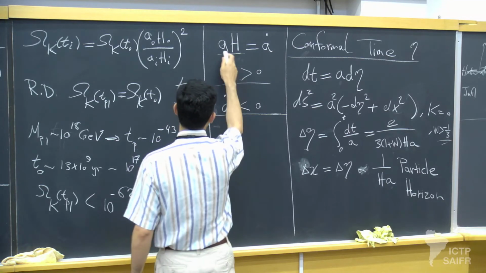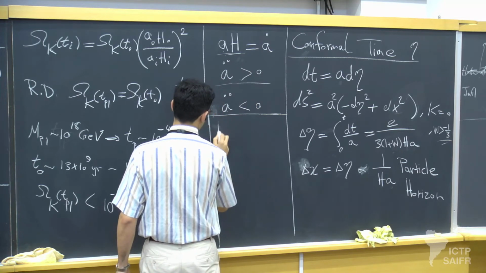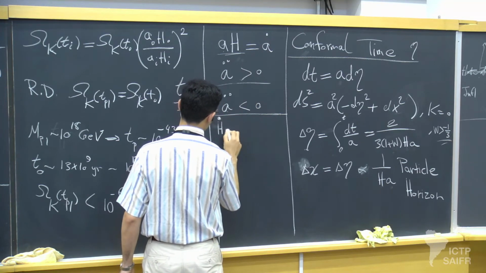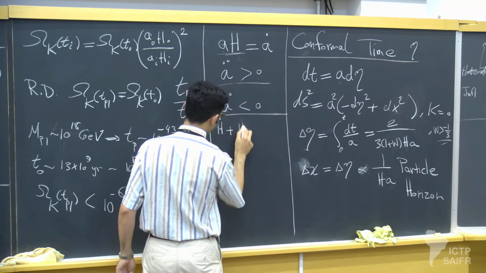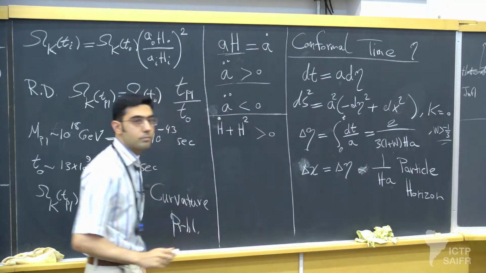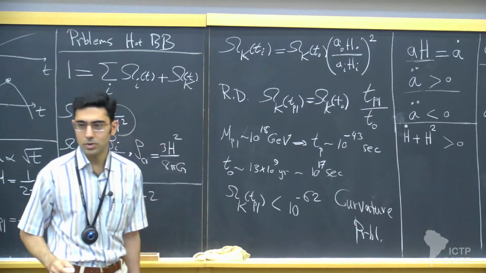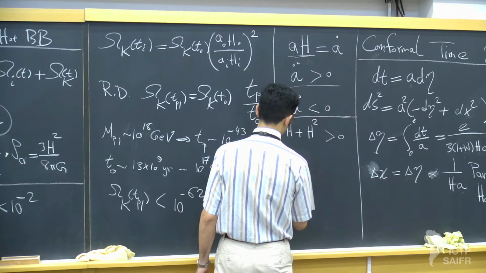If I take the derivative of this a dot, what do I get? I get H dot, canceling a factor of a, I get H dot plus H squared. And we want this to be larger than 0 to solve these problems. Now, there are two options.